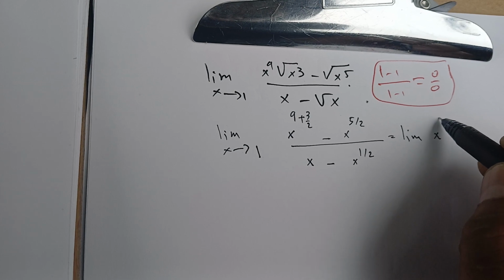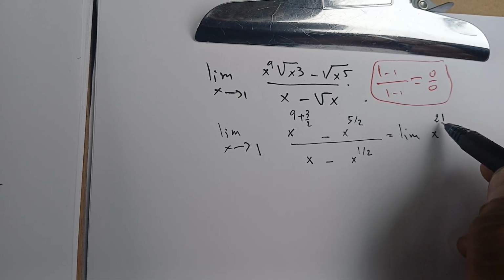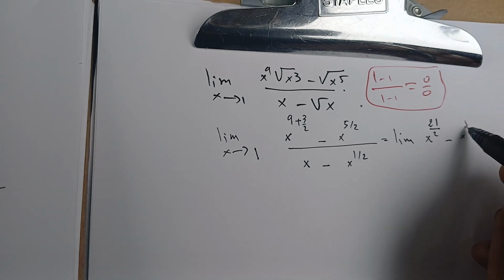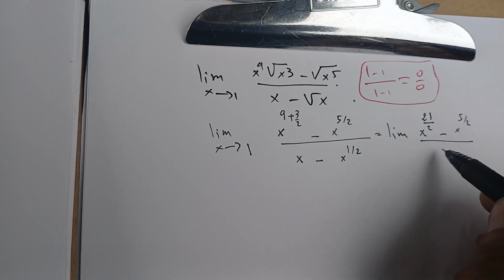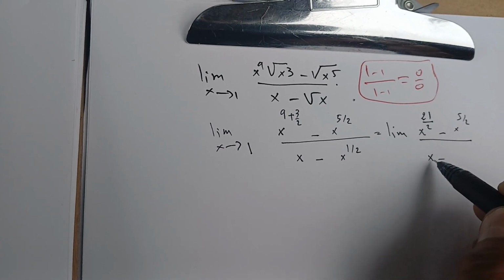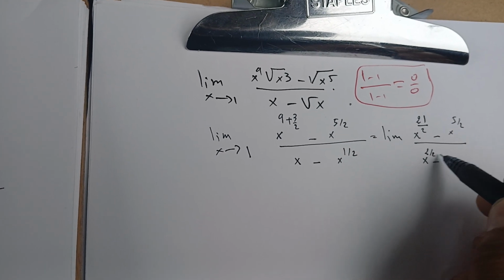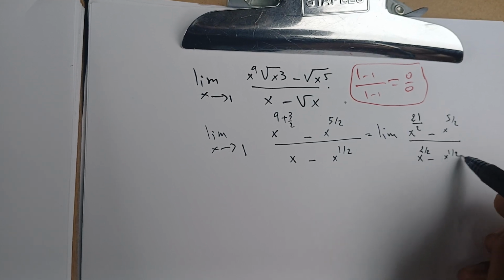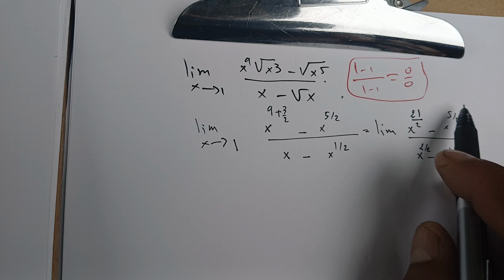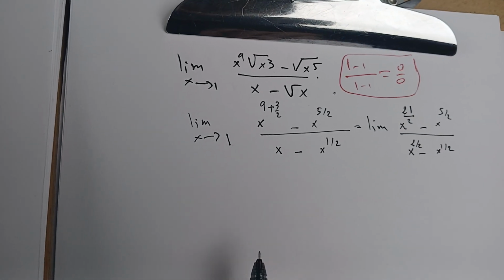So here we have this x to the power 21 over 2 minus x to the power 5 over 2, over here x minus, so we can write x in some power as 2 over 2, minus x to 1/2. Okay, because we're trying to find some factoring here.